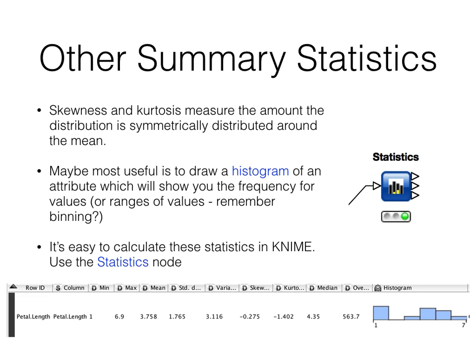So there's a whole lot of other summary statistics that we might want to use as well. Perhaps the two that might be useful for you are the skewness and the kurtosis, and they measure the amount that the distribution is either skewed to one side or distributed around the mean. Usually what we do though is to draw a histogram of the attribute values, and that will show you the frequency for each of the values.